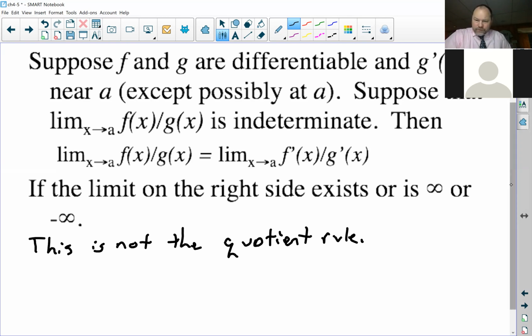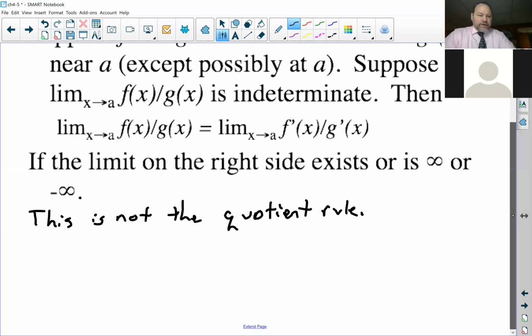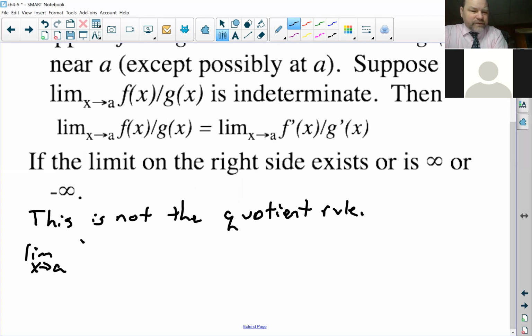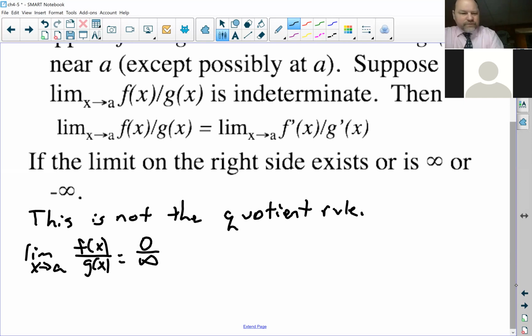A couple other things. If we have the limit as x approaches a of f of x over g of x, and we get something like 0 over infinity, that is not an indeterminate form.